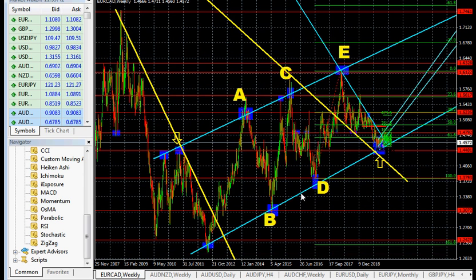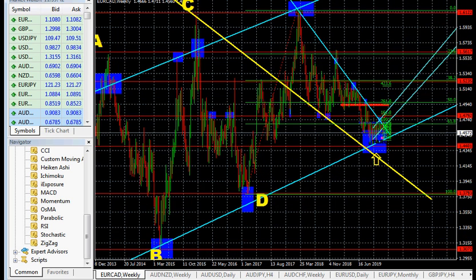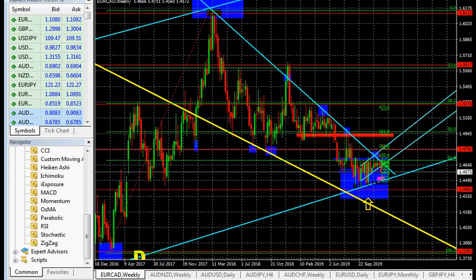So we're respecting these higher lows, higher lows, higher lows. So what do we foresee here, and what can we say 2020 will be in this pair?